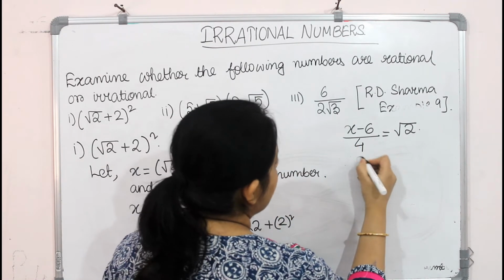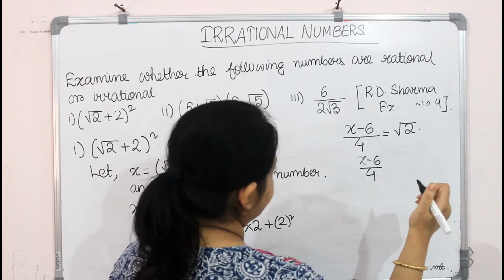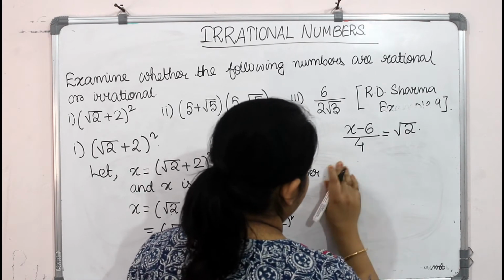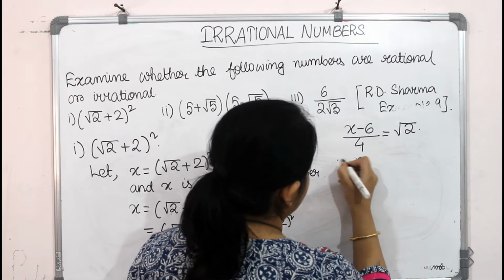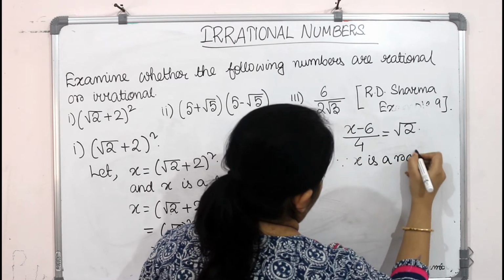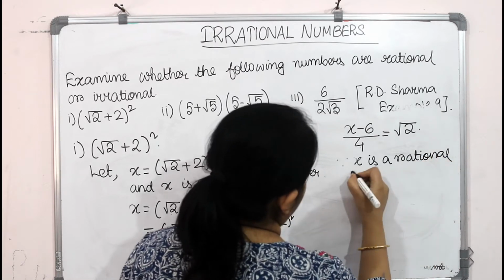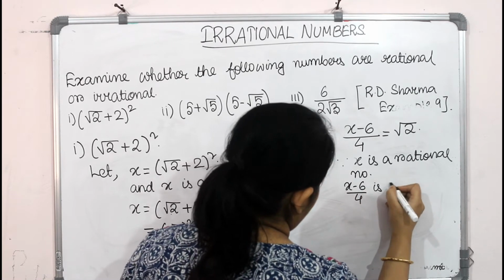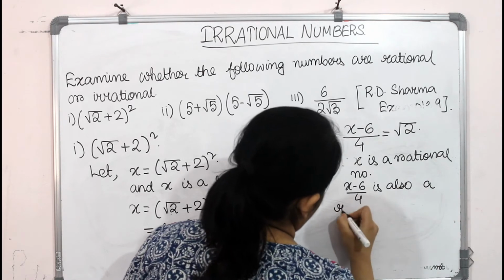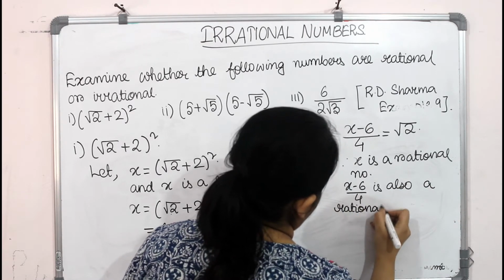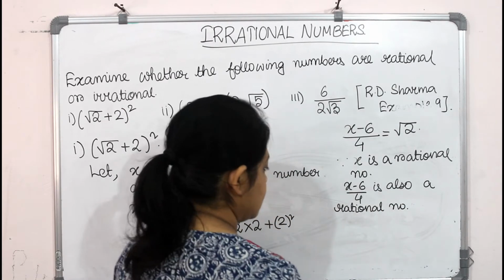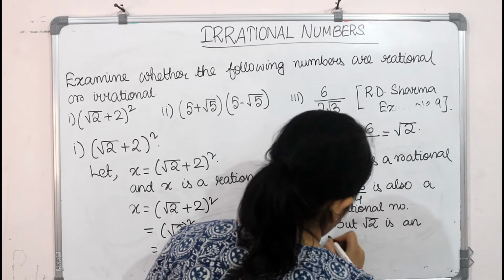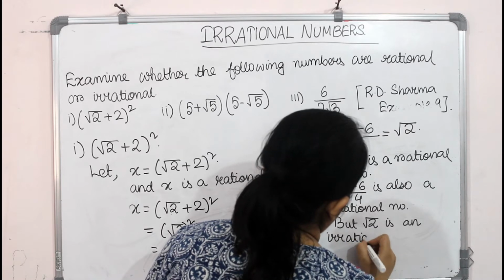Again I will tell you, since x is a rational number, (x minus 6) by 4 is also a rational number, but root 2 is an irrational number.